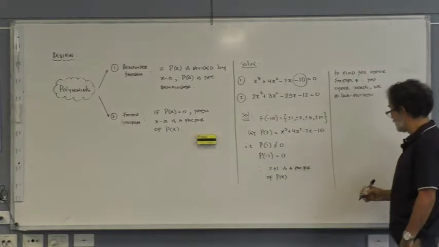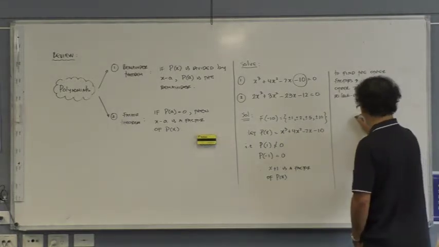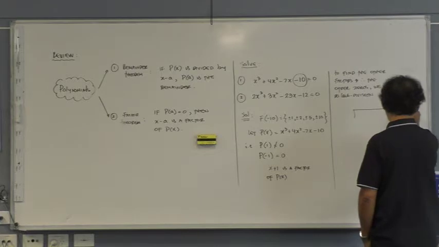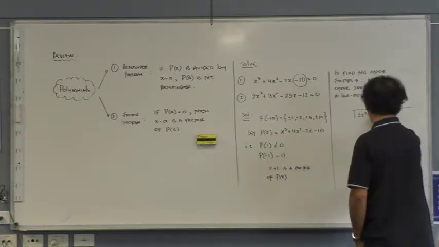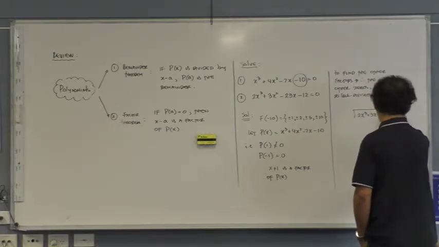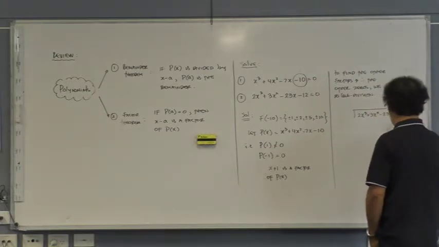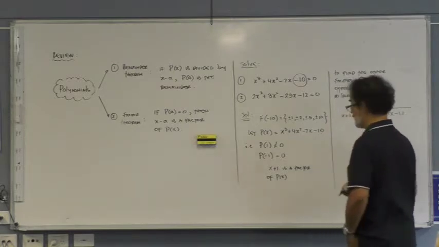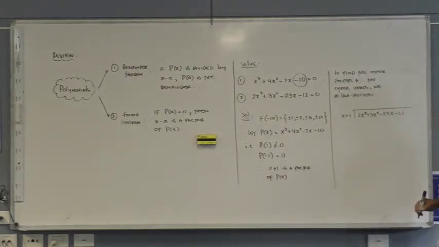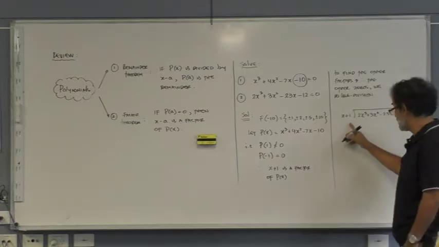So we're going to have to divide that long polynomial by x plus 1.